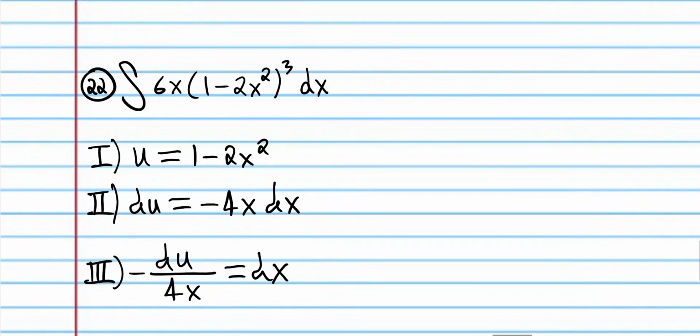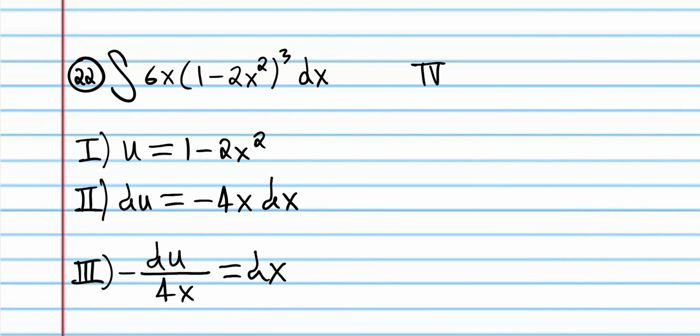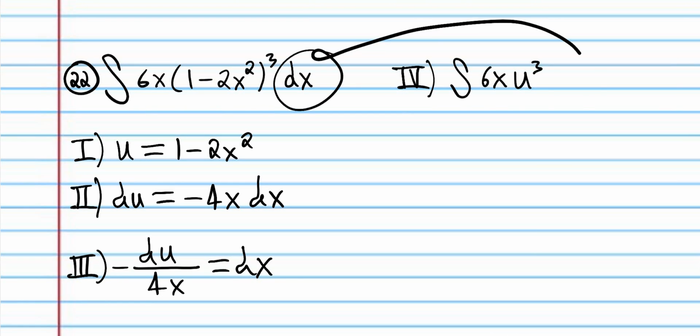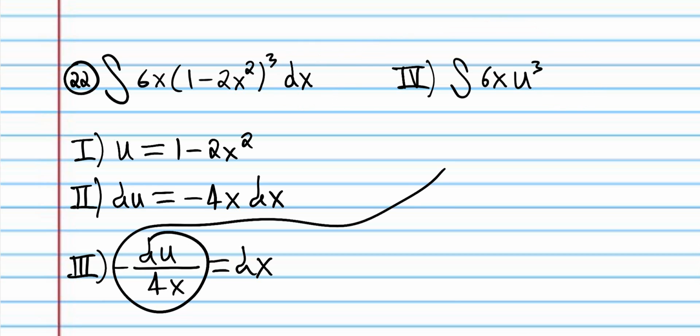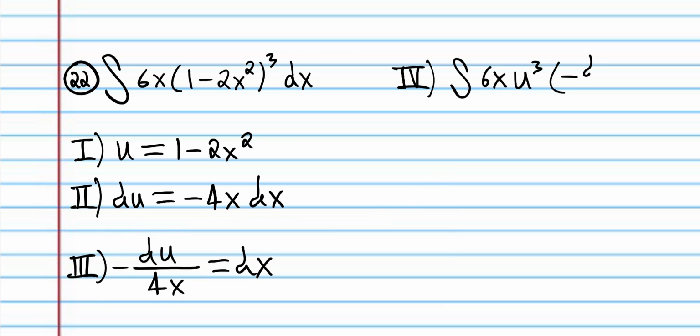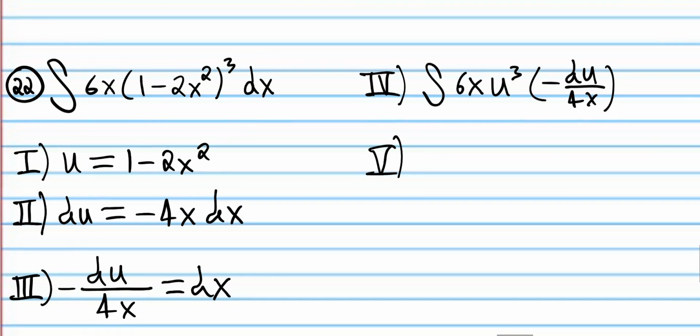And then step number 4 is to rewrite the integral and replace 1 minus 2x squared with u, and replace dx, the ornament, with what we said that our expression is equal to. So we get negative du over 4x. Step 5 is to cancel out any x's.